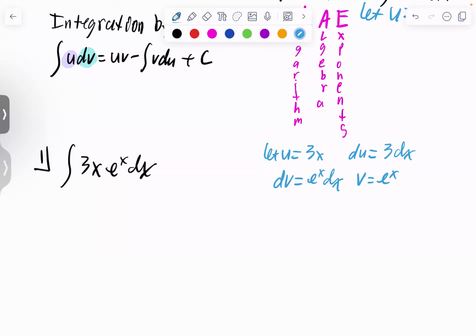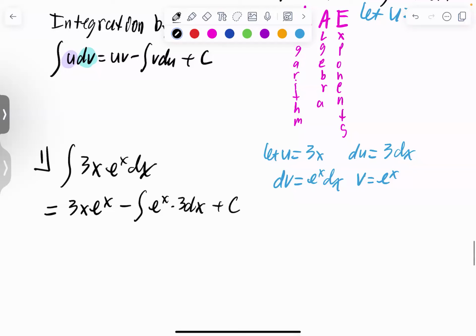And now I'm going to put all this together where I need v times u. So this is going to be 3x e to the x. So there's my uv minus the integral of v du. And there I'm going to put my plus c.